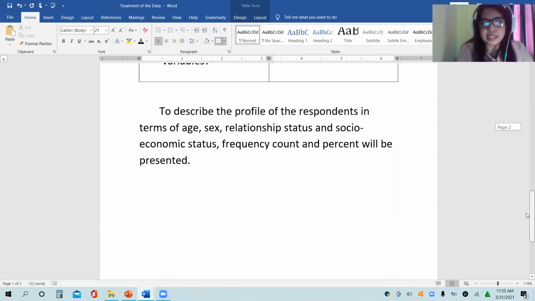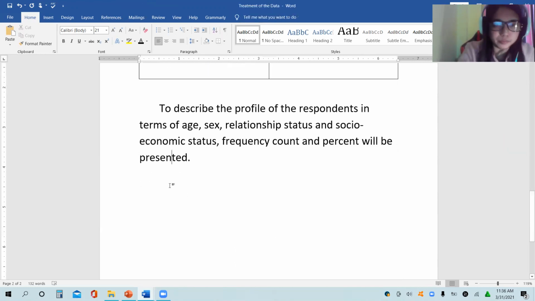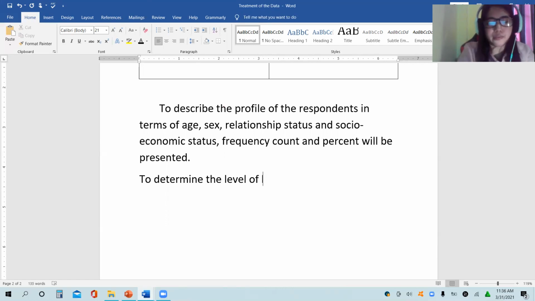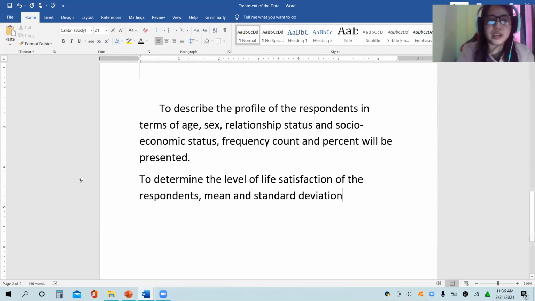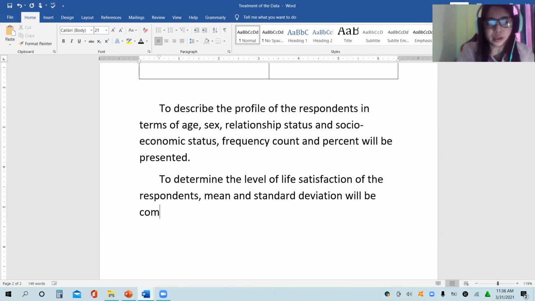So how will we place it here? To determine the level of life satisfaction of the respondents, mean and standard deviation will be computed. This is our proposal, but we still need to check this.